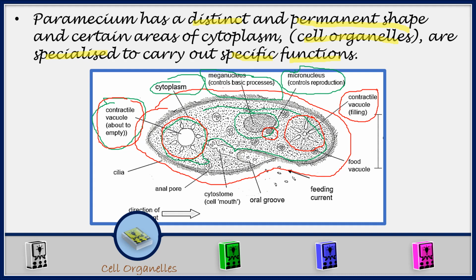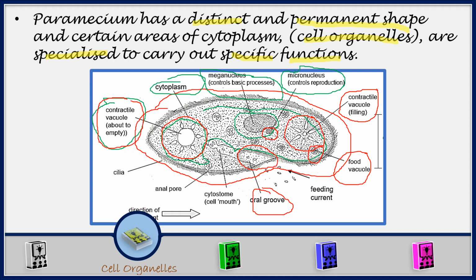And then it has got what we are calling the food vacuole. Food vacuole, we can see the small organelle here, which we are referring to as the food vacuole. Then here we have the oral groove. The oral groove is this area here where it feeds from.